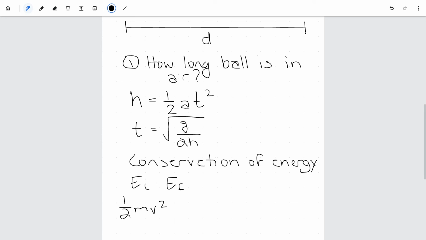Now this is going to be the y component of our velocity, and I'll get to that in a second. And this is going to be equal to gravitational potential energy, which is mgh. Now remember, velocity is a vector, so it has a y component and an x component. This will be helpful later on.